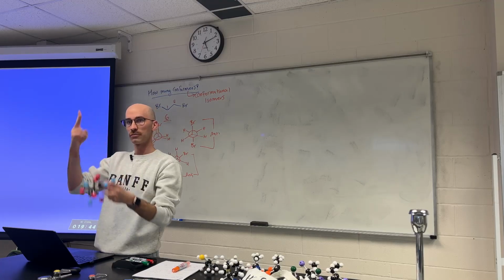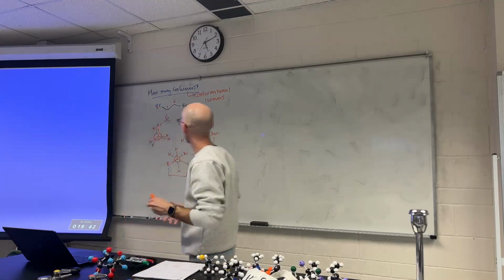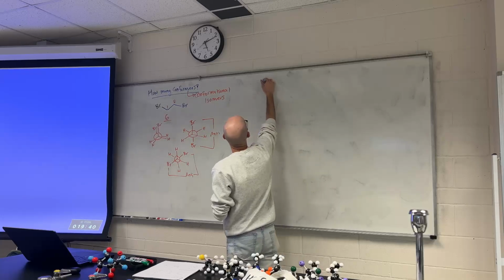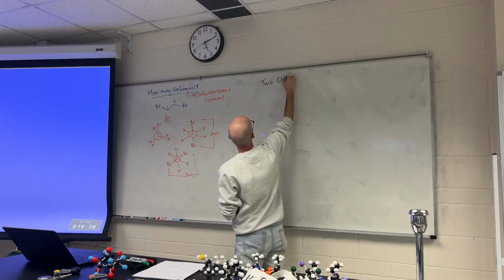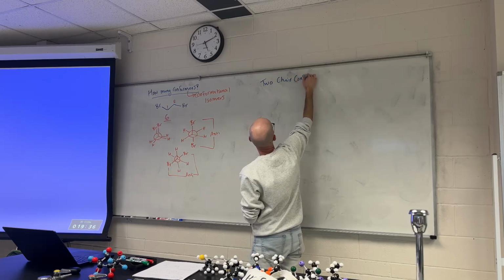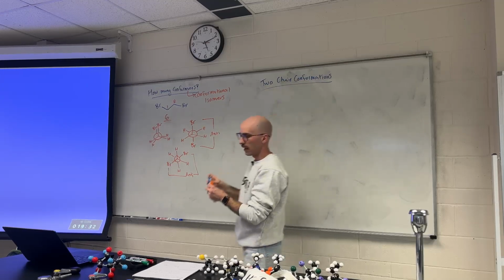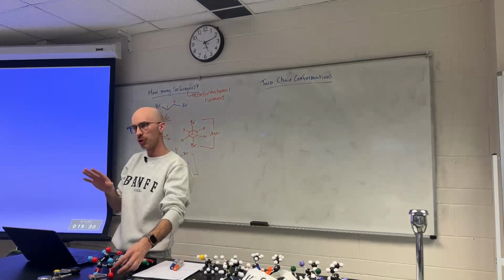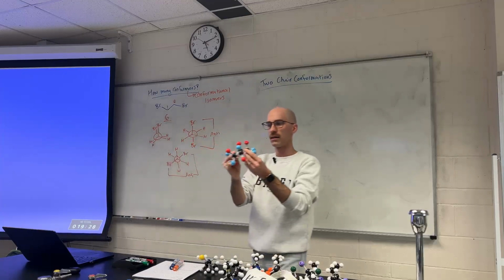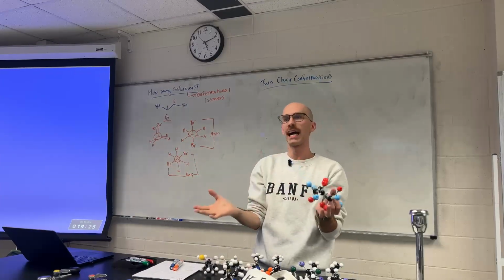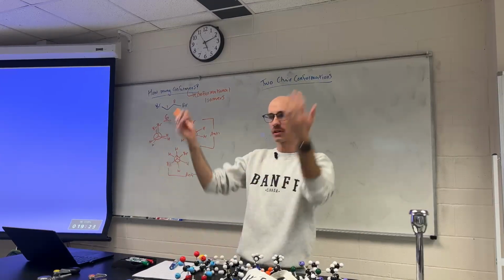I have only 2. 6 conformers, 2 chair conformations. Okay, I will admit there are more than 2 conformations for the ring. One is a very high energy boat conformation.